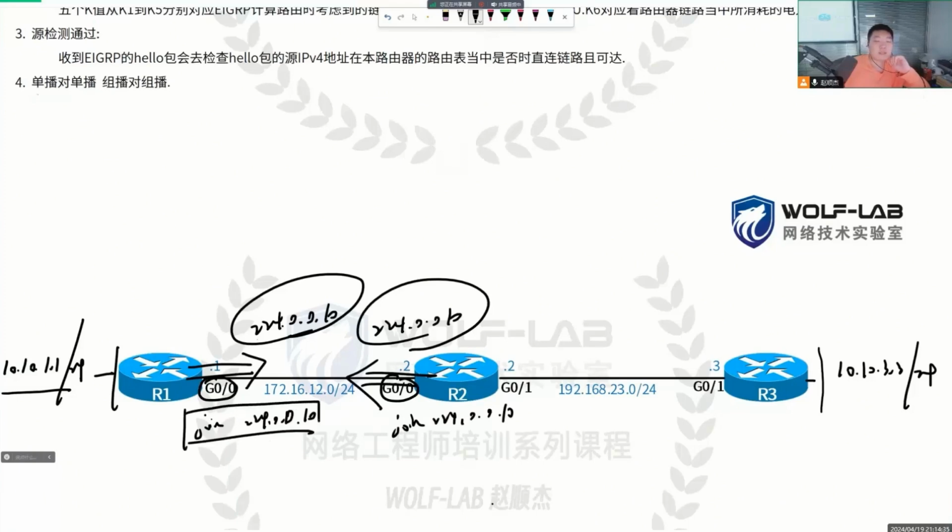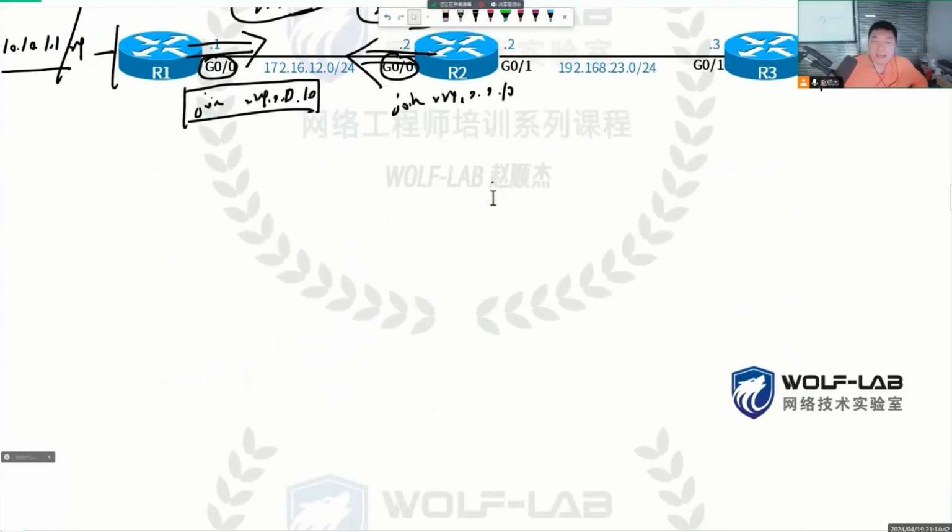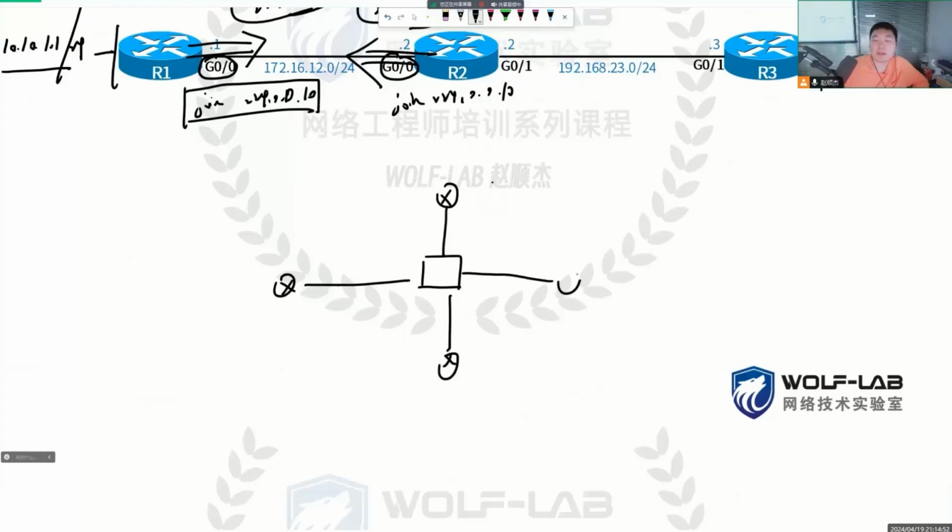If we have multiple devices, we can establish neighbor relationships between each pair at the fastest speed. I can establish with 3 devices at the same time. Send EIGRP hello packets to 3 people at the same time, because they will all join the multicast group. All can establish 3 neighbor relationships with each other.